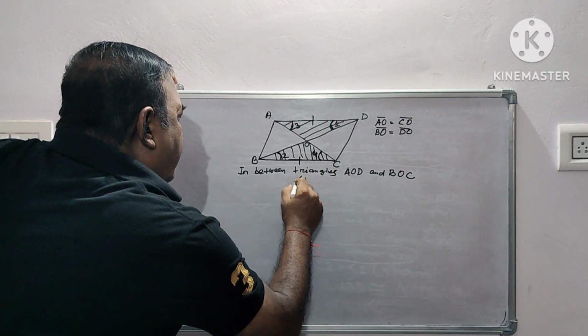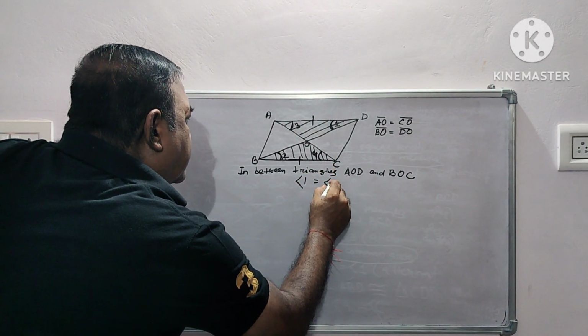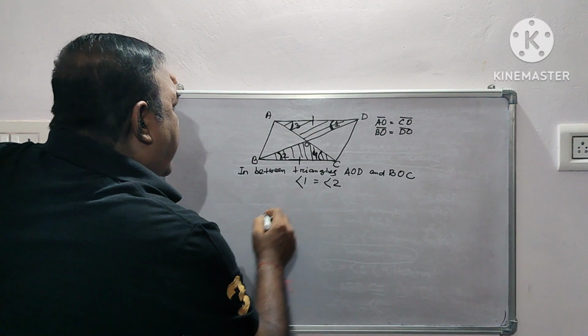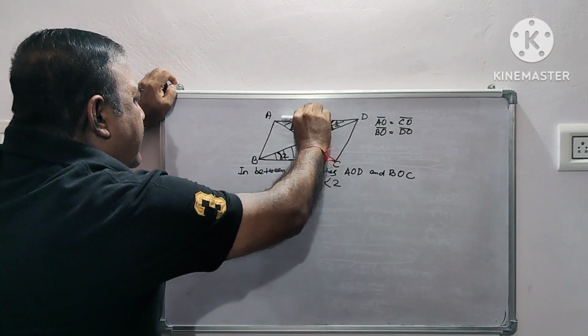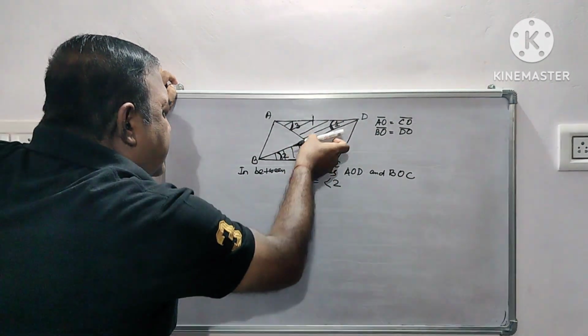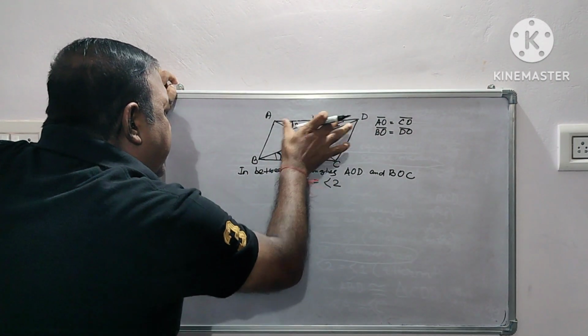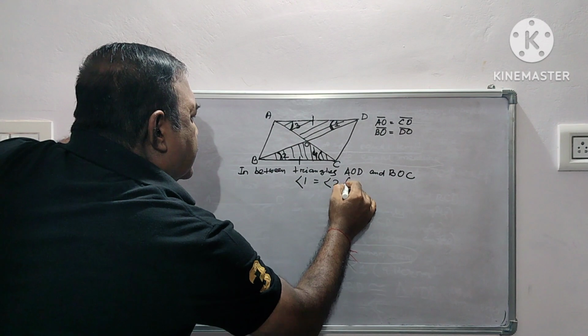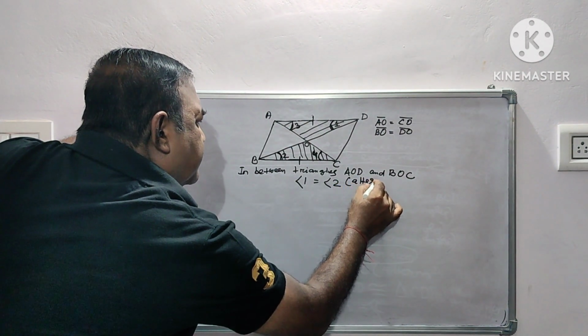So angle 1 measures equal with angle 2. Why? Now this is the transversal and two parallel lines are cut. Here you see BD is the transversal and AD is parallel to BC. So alternate angles.